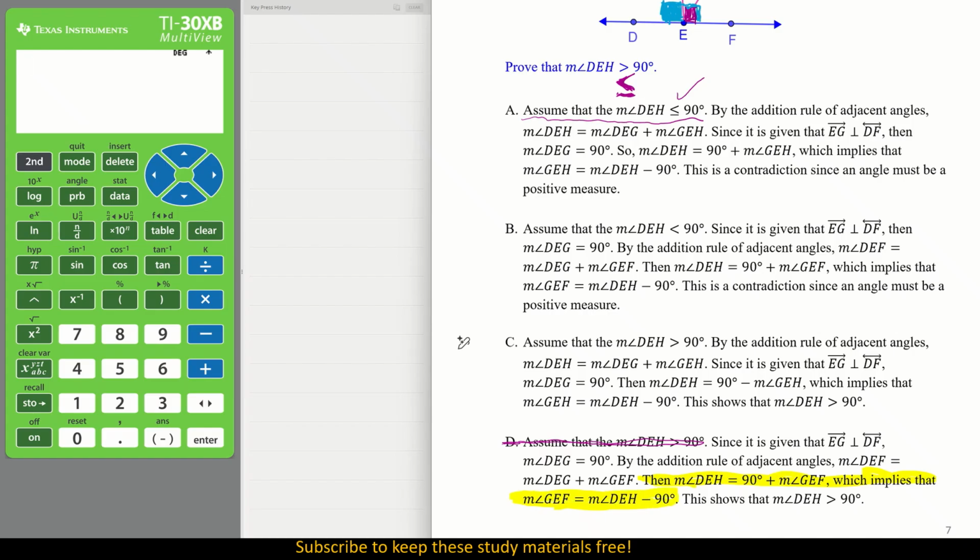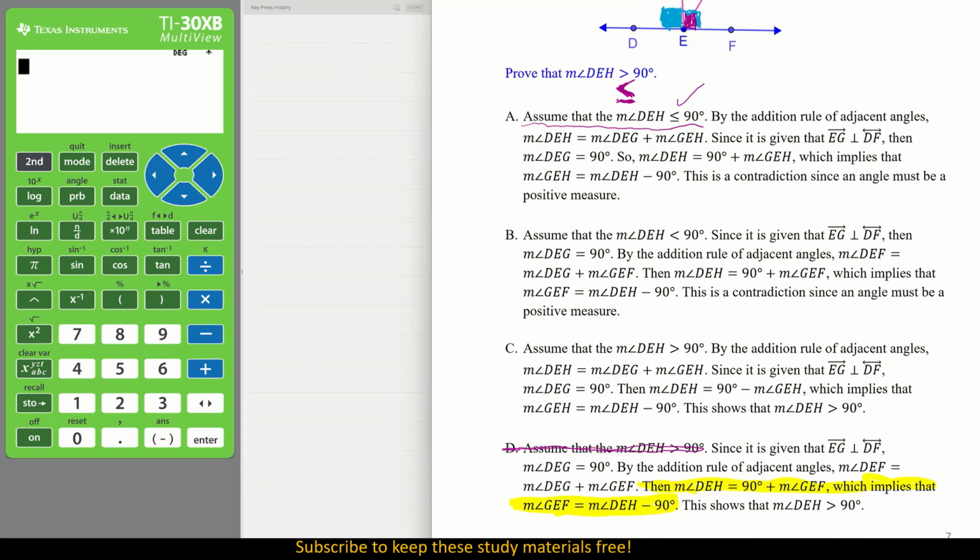If we have 90 degrees plus GEF, then that implies that GEF equals DEH minus 90. Okay, that doesn't show it. It actually shows that it's less, not greater than. DEH minus 90 equals GEF, that would be true, but that's a contradiction. That's not going to help us.